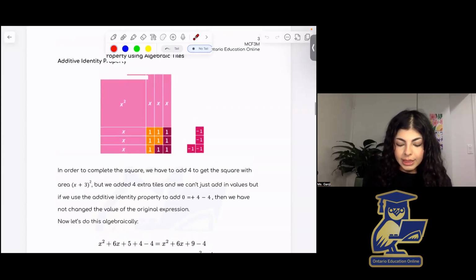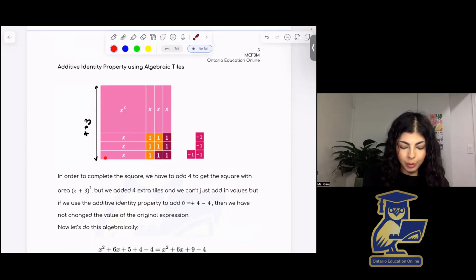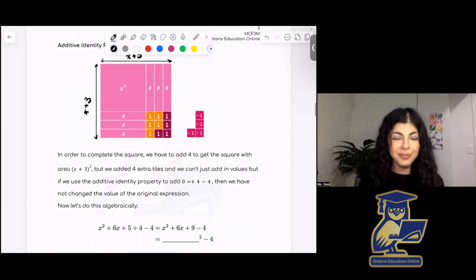Now we see that we have a complete square, and my side length here is x plus 3. This side is the x, and here we have 1, 2, 3. And the same with this side, we have x plus 3, which is what we would expect because it's a perfect square.